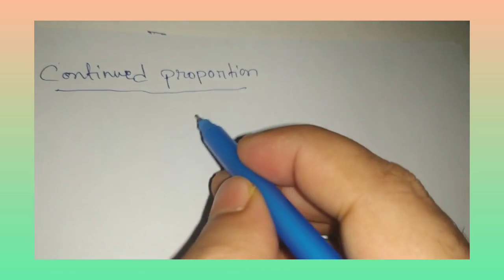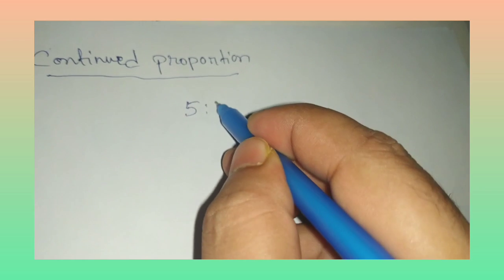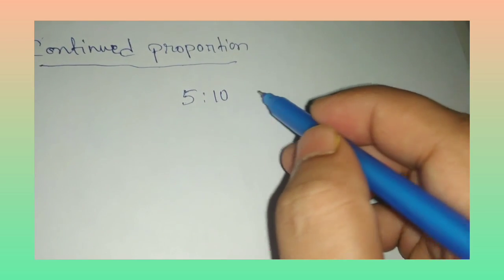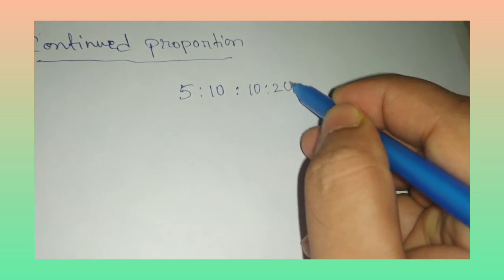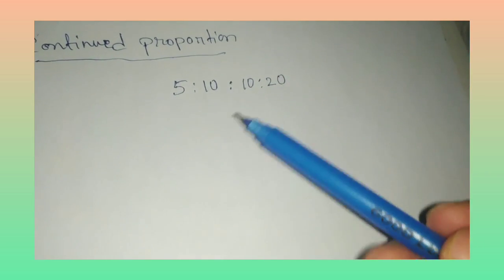Suppose you have two ratios in the form 5:10 is to 10:20, similar to when you are making a successive ratio.